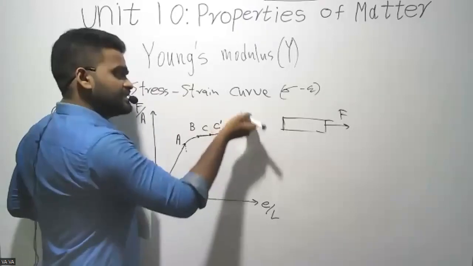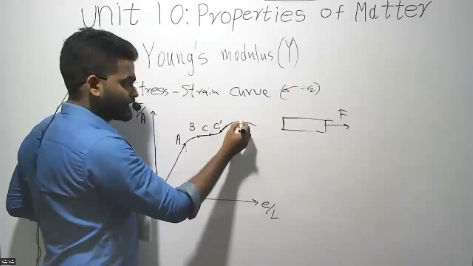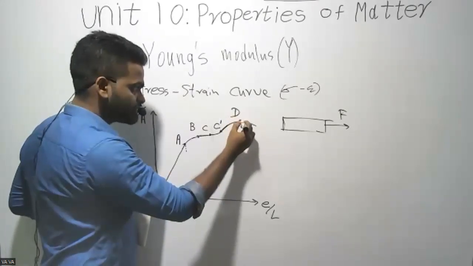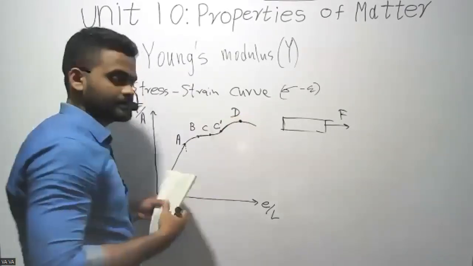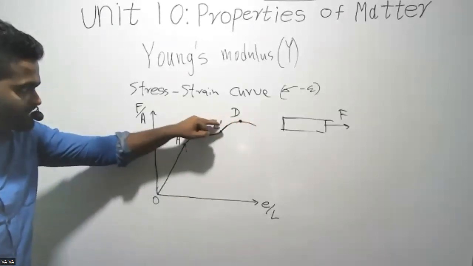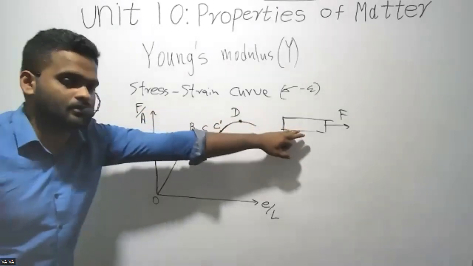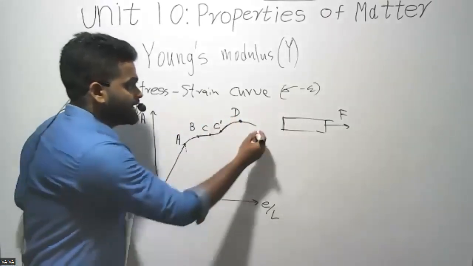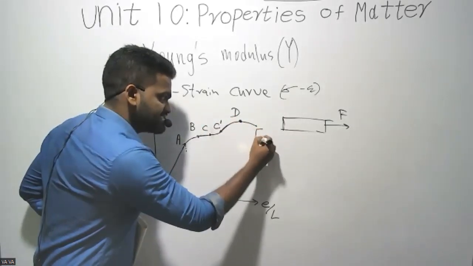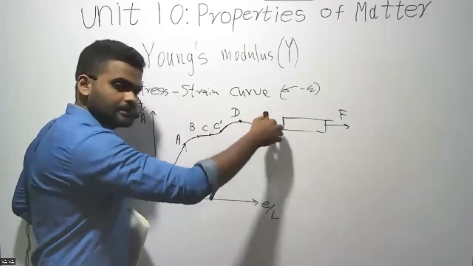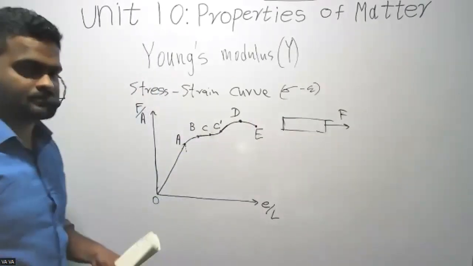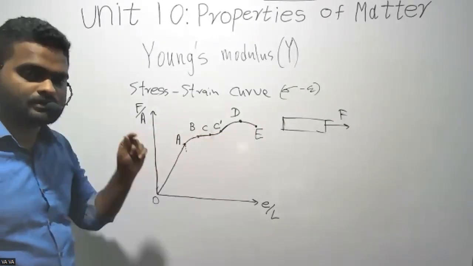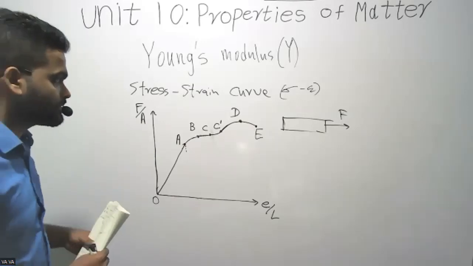Then you keep increasing the force. Sorry, this is the maximum stress that the material or the rod can bear. At this point, the rod breaks. So we call this E the breaking point. Okay.